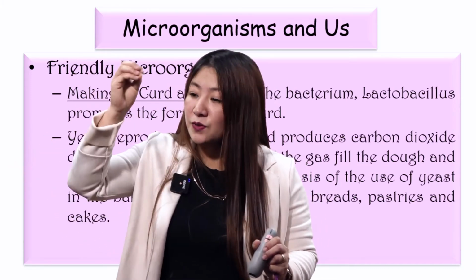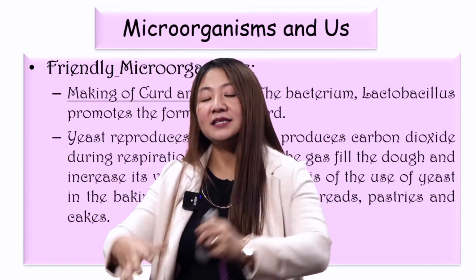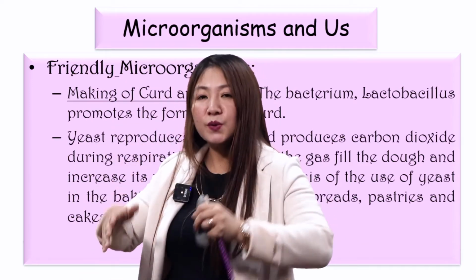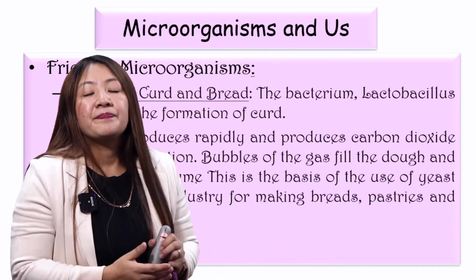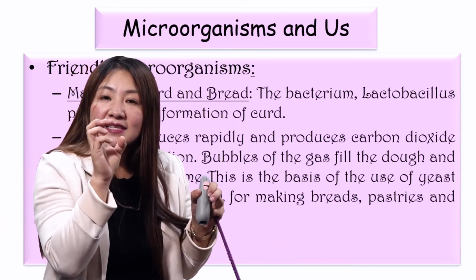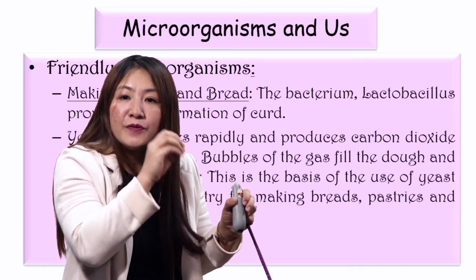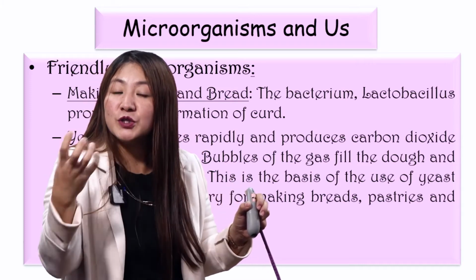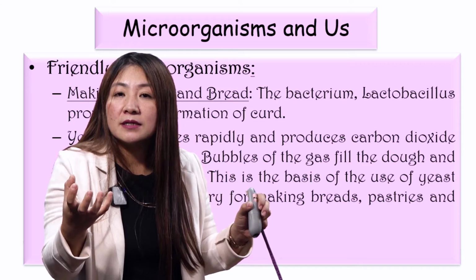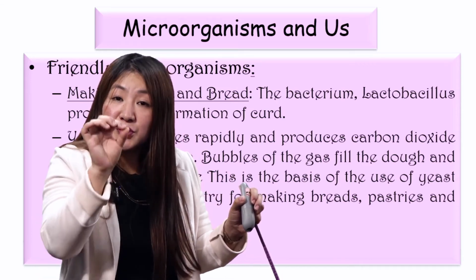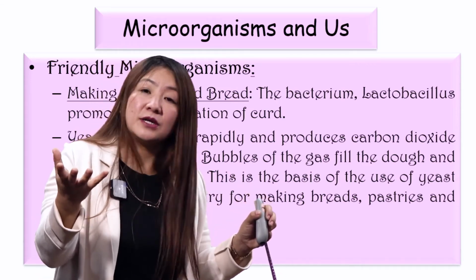So when you add this in the bread, you knead the dough, what happens? This yeast will feed on the sugar that is in the wheat, the atta and maida. There is sugar there, yes or no? The carbohydrates, they're sugars only.